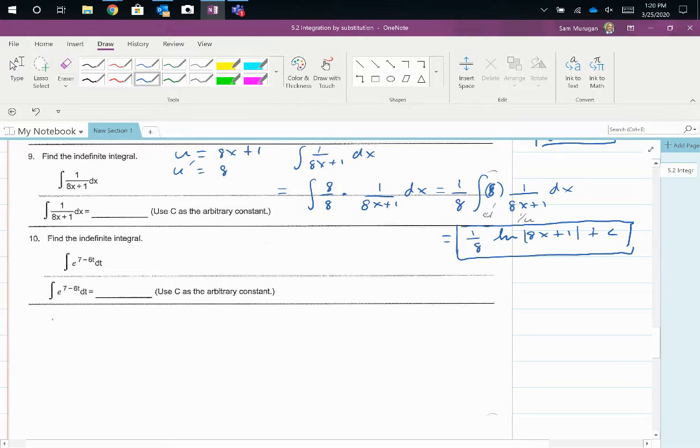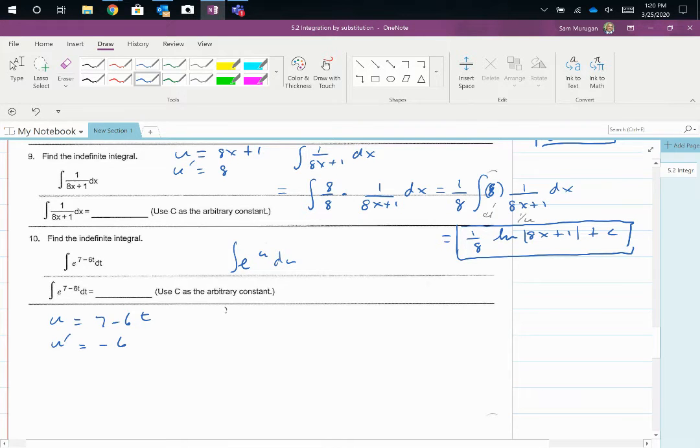For question 10 here, the u part is 7 minus 6t, right? That's e to the power u. So u prime is equal to negative 6.